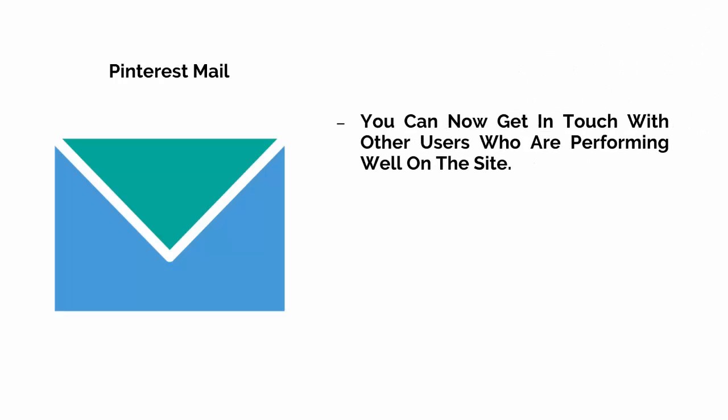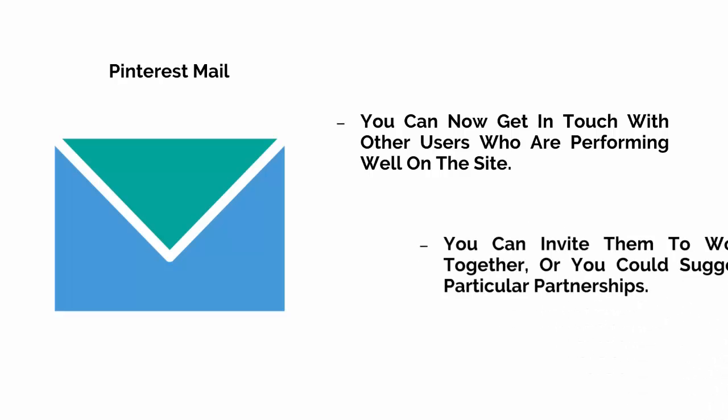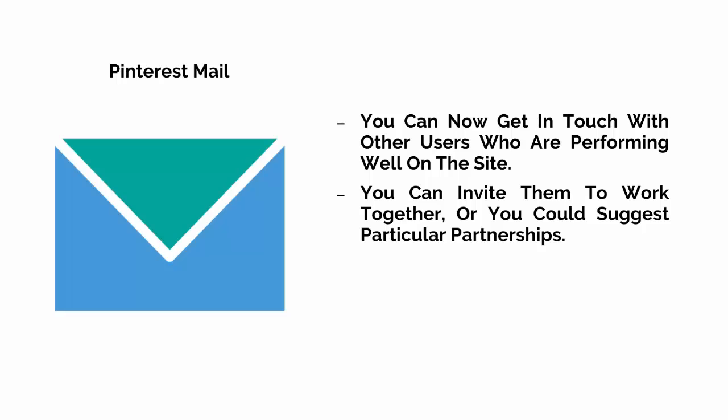What makes this useful is that it means you can now get in touch with other users that are performing well on the site. In turn, this means you can invite them to work together, or you could suggest particular partnerships. This can be beneficial for both brands, and if you gradually approach more and more highly influential users, you can progress up the ladder to increase your reach.